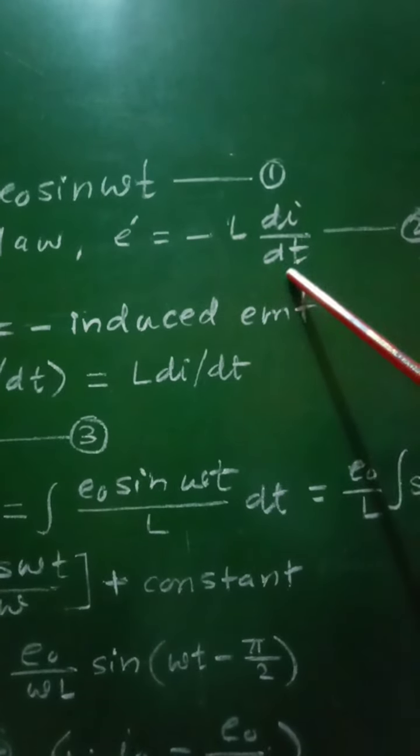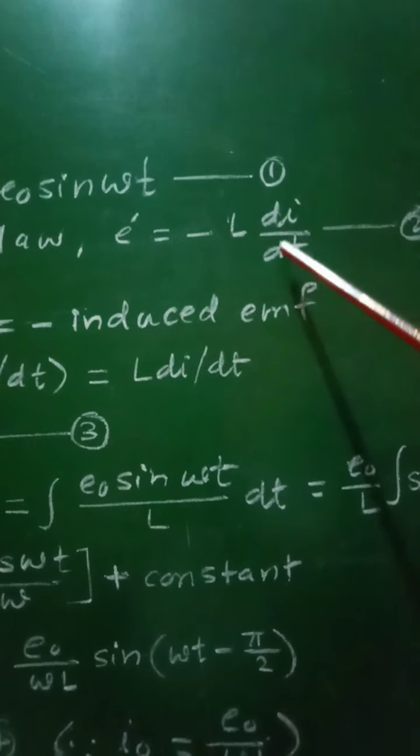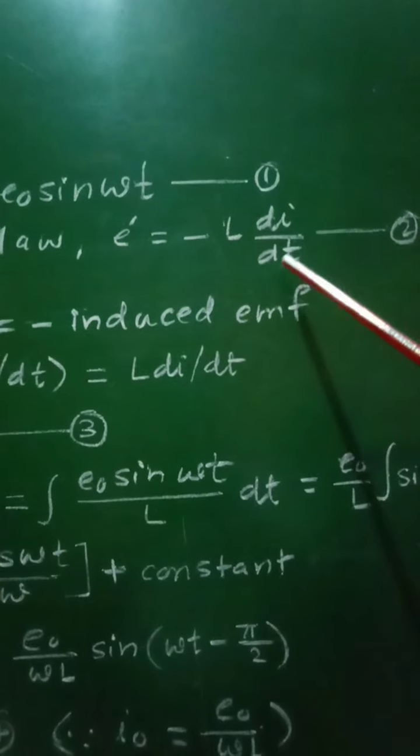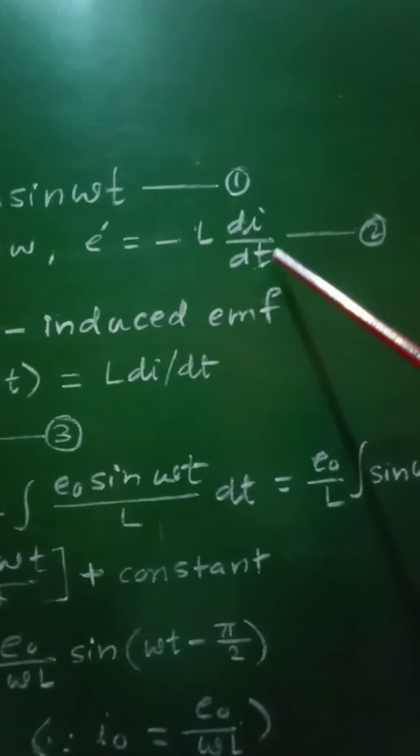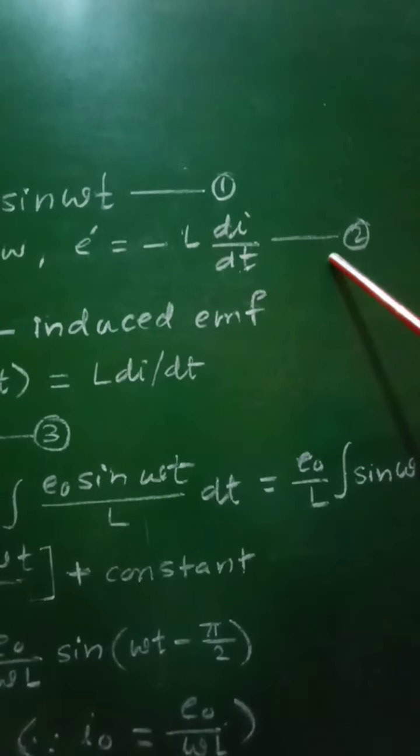Here di by dt represents the rate of change of current with respect to time, and L is the self-inductance of that coil. Let it be equation number 2.